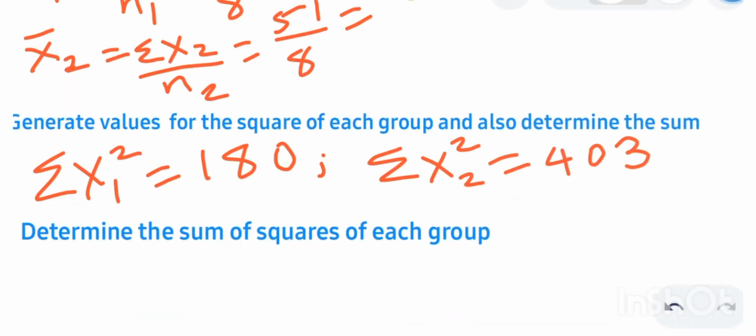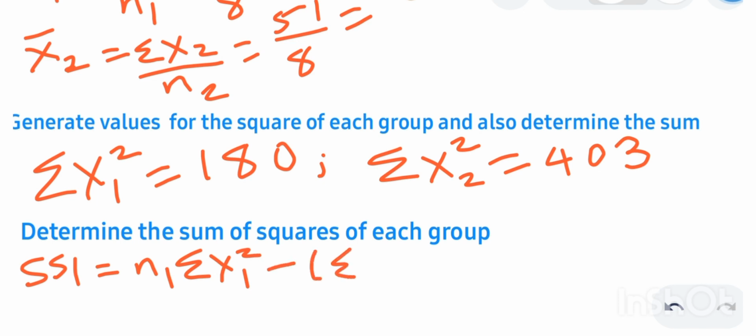Alright, this step says determine the sum of squares of each group. So let's take the sum of squares for group 1. I call that SS1, which will be N1 times summation X1 square minus summation X1 square, where the value of N1 is 8, the sample size.